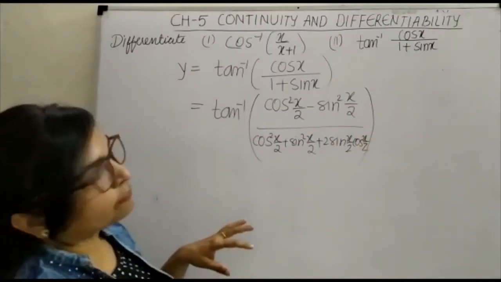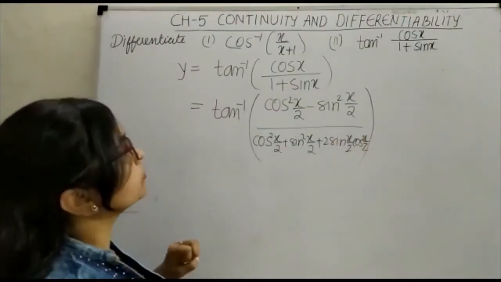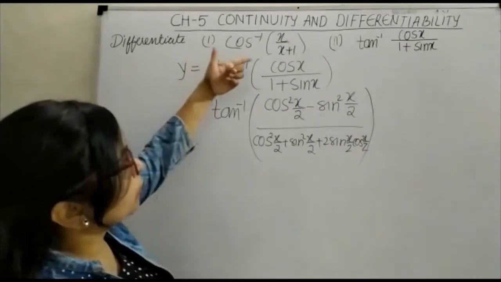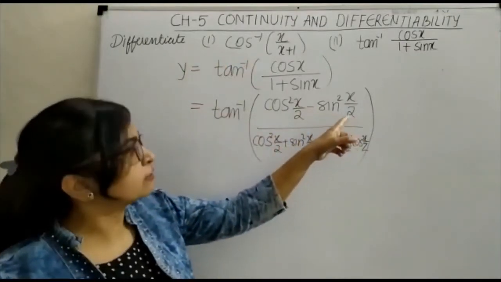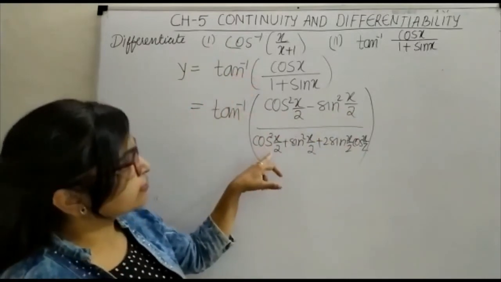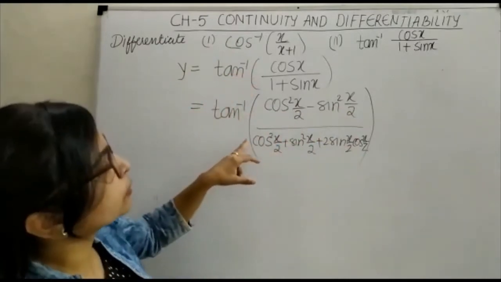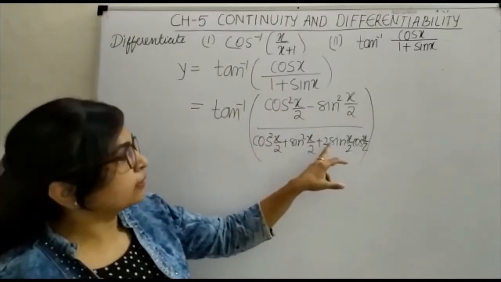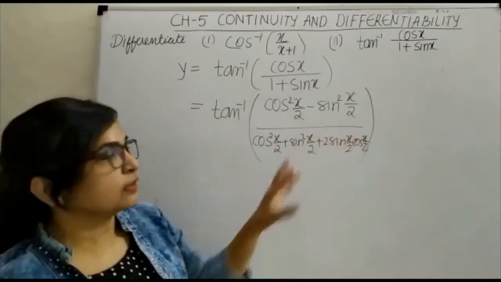This already we have done in our chapter 2 inverse trigonometric function. So cos x is reduced to cos square x upon 2 minus sin square x upon 2. Your 1 is cos square x upon 2 plus sin square x upon 2 and sin x, you know the formula, that is 2 sin x upon 2 cos x upon 2.